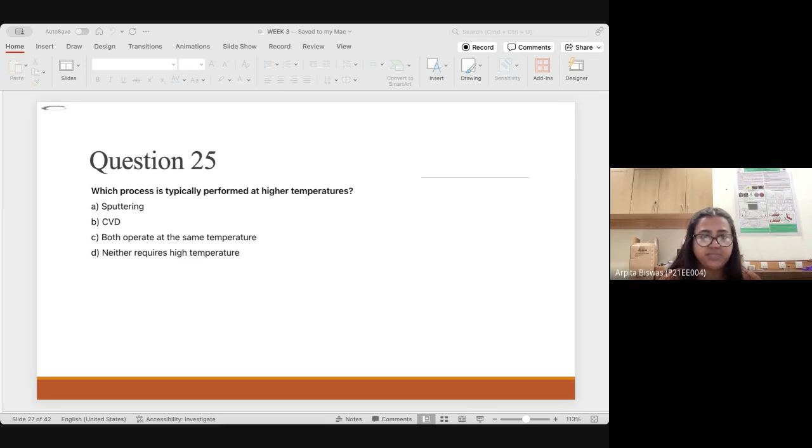Which process is typically performed at higher temperature? Sputtering, CVD, both, or neither requires high temperature? Ashwin, what is the right option? Let's try to solve the question.